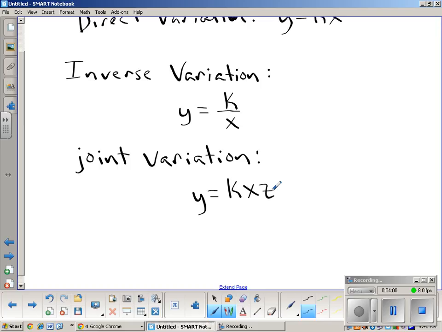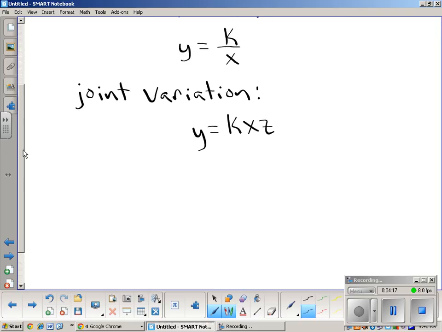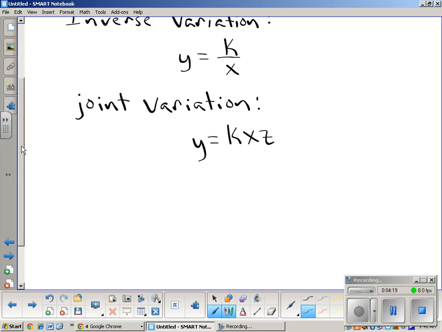They're both in the numerator, aren't they? So that is a joint variation when you have more than one in the numerator. So will that cross the y-axis? Yep, because now x can be 0, can it?